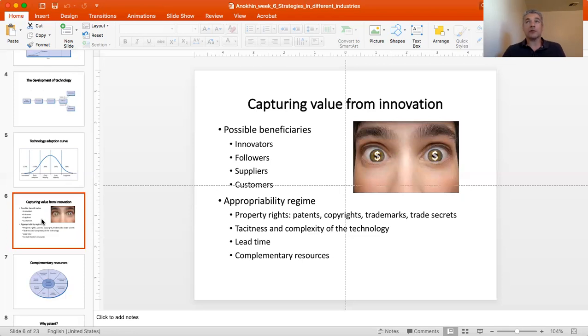Or, again, think about the difficulties that many Chinese high-tech companies are experiencing currently when the US government all of a sudden put a lot of limitations and constraints on a US company in terms of sharing the technology.